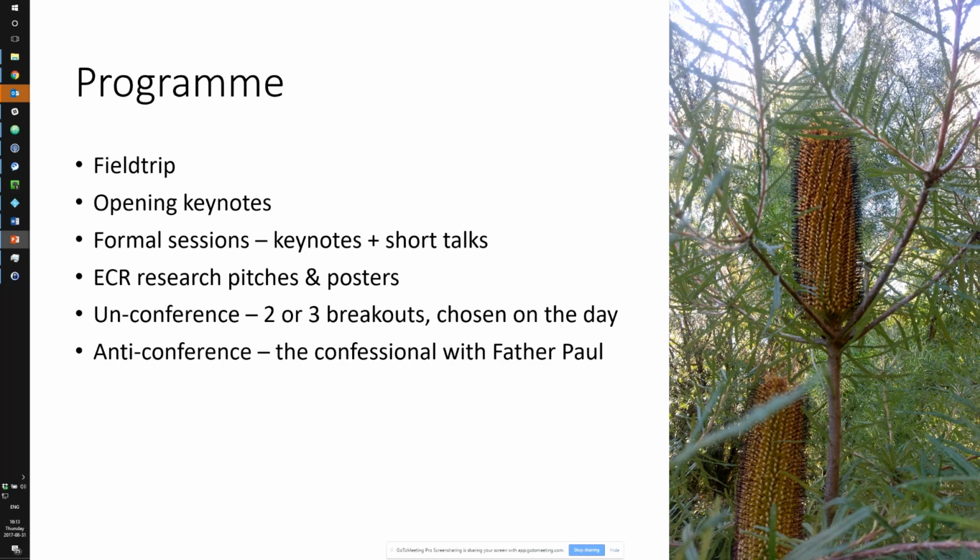There was also an anti-conference, which was the confessional, hosted by Father Paul, which was a place which, in contrast to your typical conference where people stand on their hind legs and boast about the great things they've done and how everything went right, provided an opportunity for a few people to confess about the things that did not necessarily go smoothly.